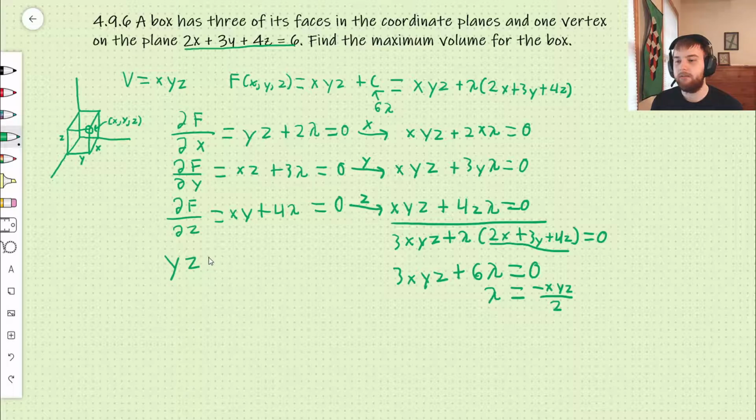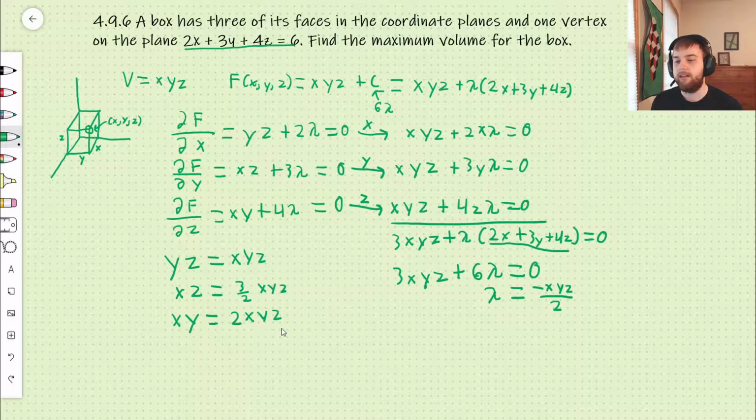So, substituting this, bringing that over to the other side of the equation, we get yz equals xyz. Then for this one, we get xz equals 3 halves xyz. Then we get xy equals 2 xyz.